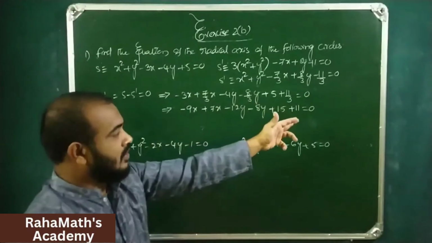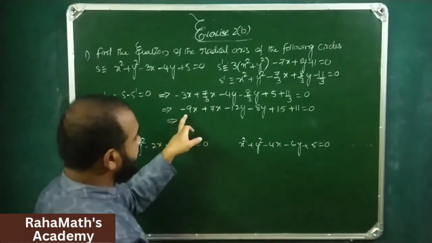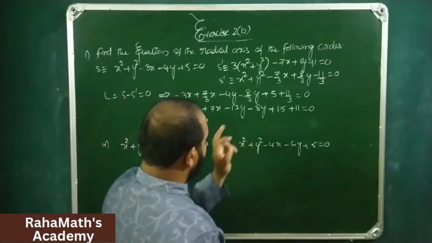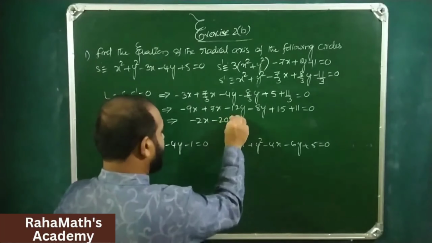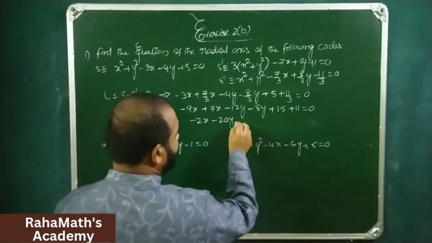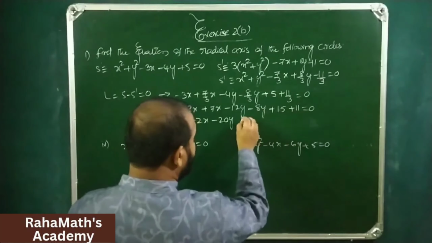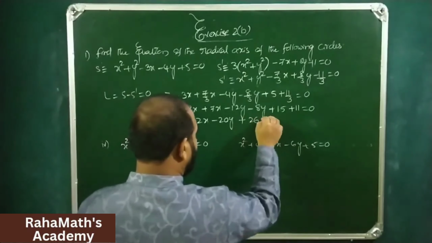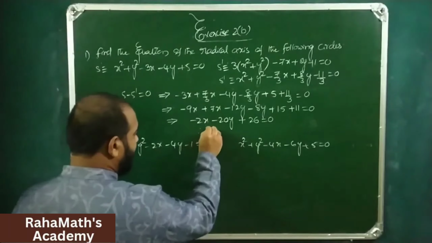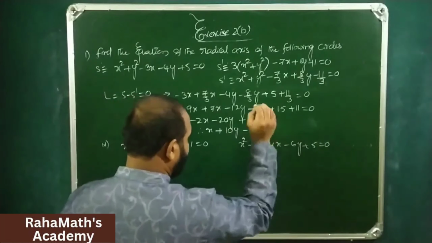So 3 when transposed to the other side gives 0. Here minus 9x plus 7x is minus 2x. Minus 12y minus 8y is minus 20y. 3 5s are 15 plus 11 is 26 equals 0. Therefore, if I take minus 2 as common, then x plus 10y minus 13 equals 0.